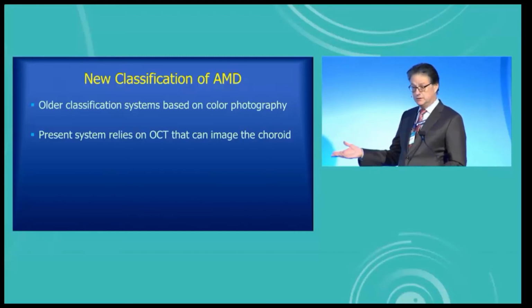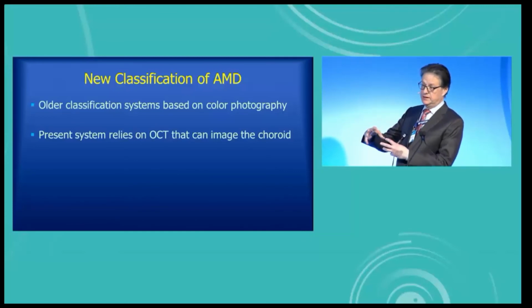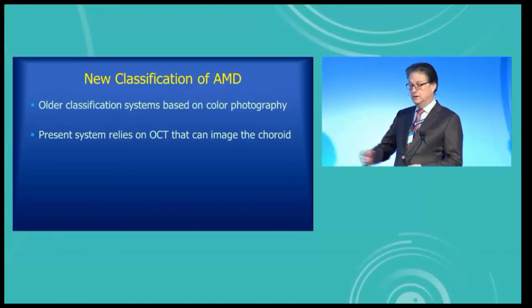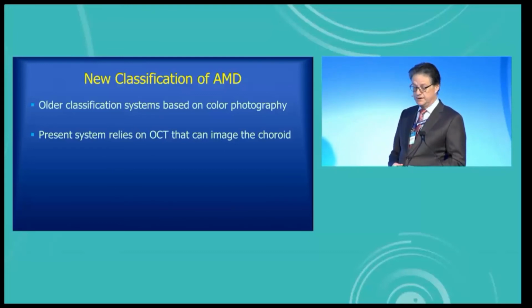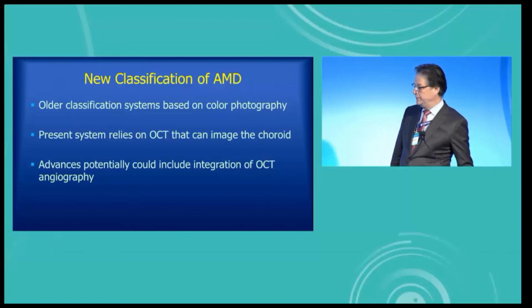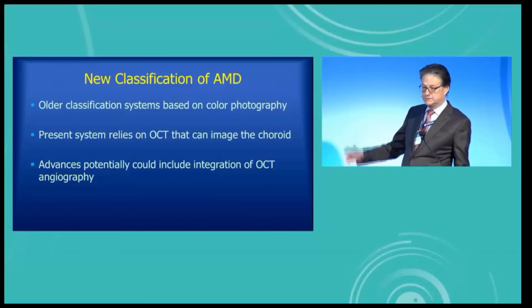Then we can also look at their choroid, and by putting those two together, we can end up with a classification system that lets us predict the future to a certain extent, which the older classifications couldn't do. But by and large, it still depends on the ability to see the choroid, at least in terms of thickness. And I think you realize that this classification system would pretty much meld into what's coming next, which is to integrate OCT angiography.